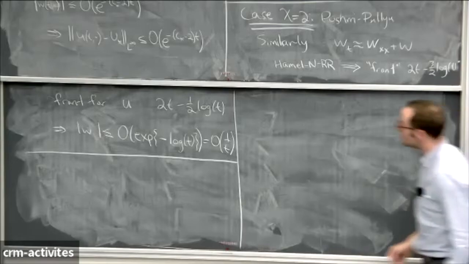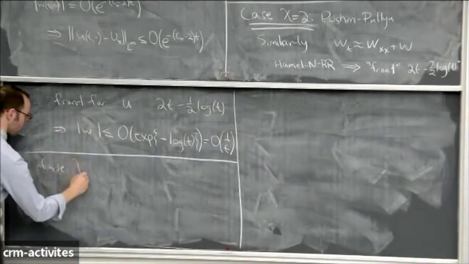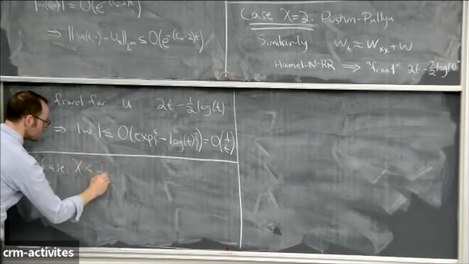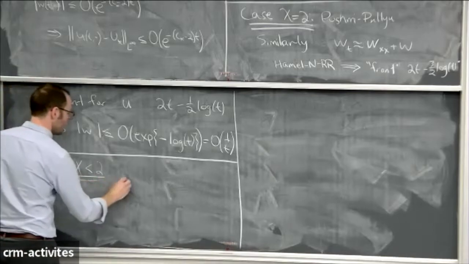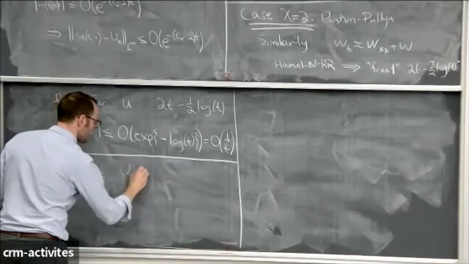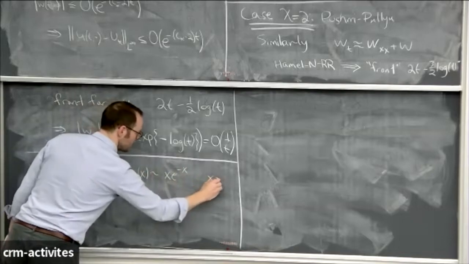Okay. So now let's do one last case, which is chi less than 2. This is the Fisher-KPP case and the semi-Fisher-KPP case. In this case, what do we know? Well, we know that u star of x is like x e to the minus x when x is big.